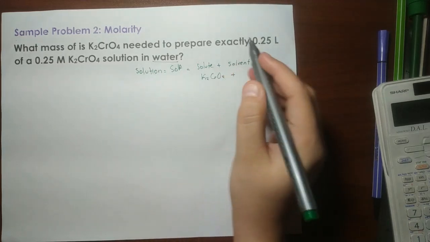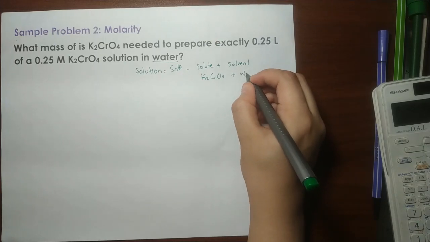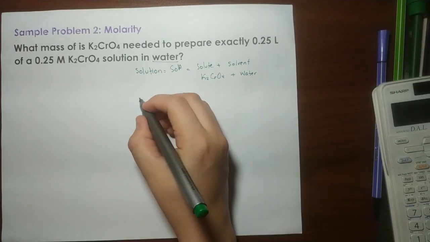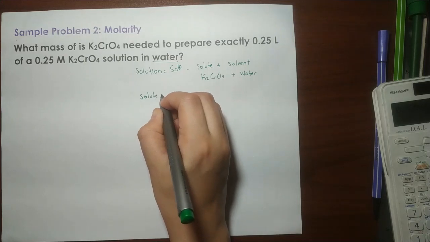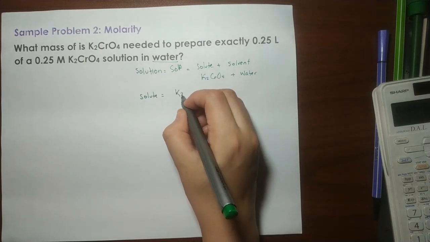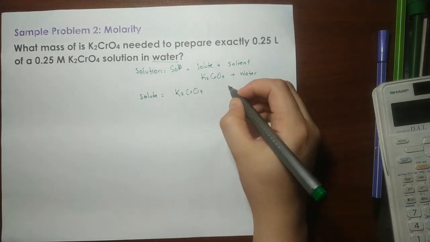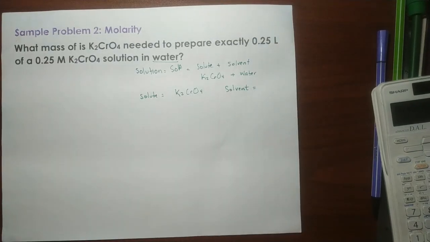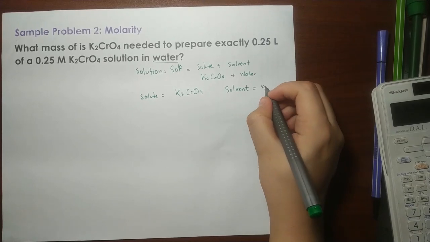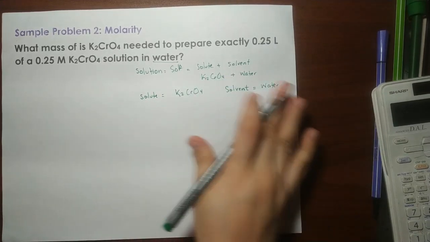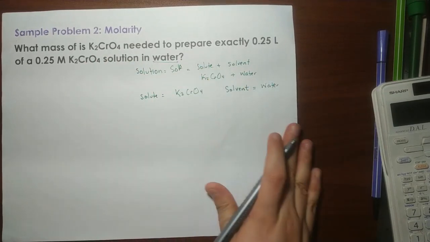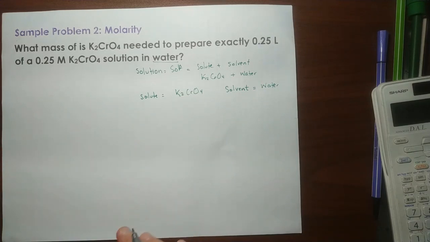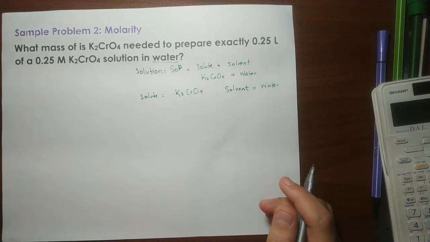It says that it's going to be dissolved in water. So that is the solution. Therefore, the solute is potassium chromate, and the solvent is water. This is the general analysis of this solution that we are preparing.